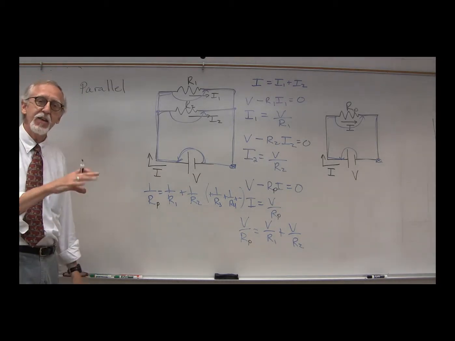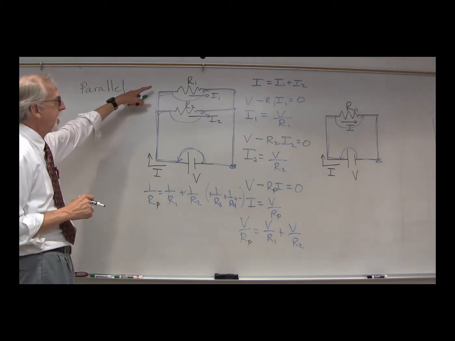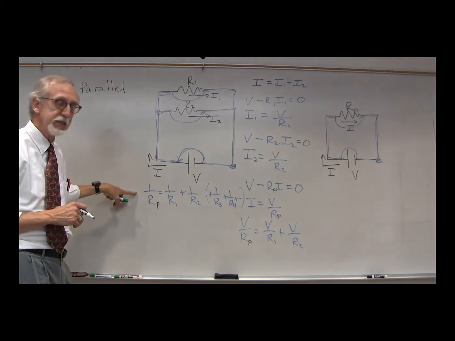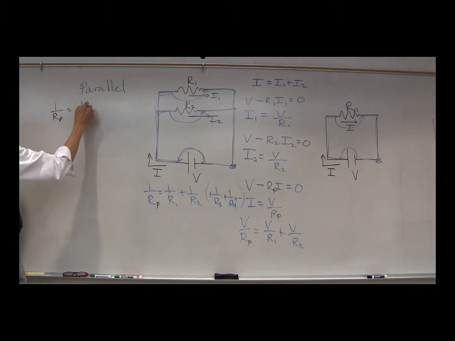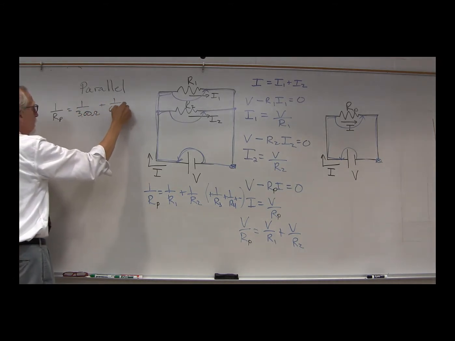Very, very good. Now, how does that compare with what we got from our previous problem? Well, in that case, we had a 3 ohm and a 6 ohm resistor. So what would we get for the equivalent resistance in that case? We would get 1 over Rp is equal to 1 over 3 ohms plus 1 over 6 ohms.